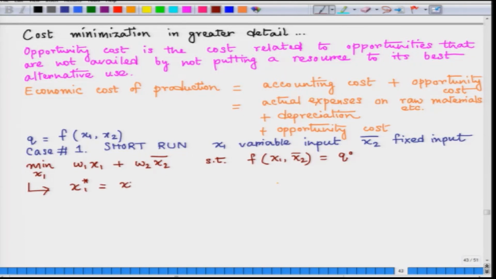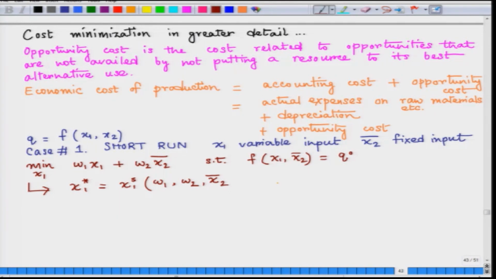the optimized value of my input 1. I denote this by S, S stands for Shortrun. Of course, this will be a function of W1, W2, my input prices. Now, as the value of the second input is fixed, that is also a parameter in my model.